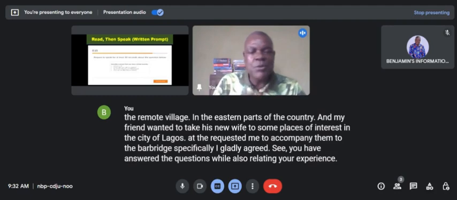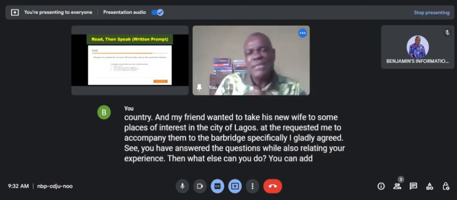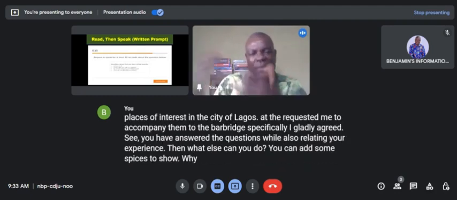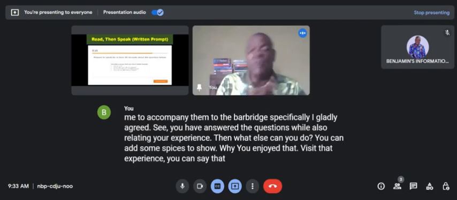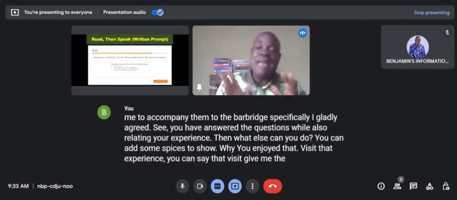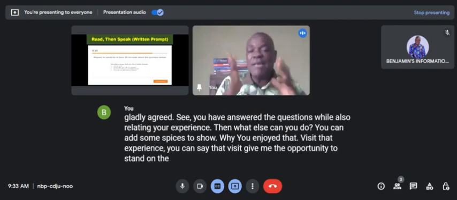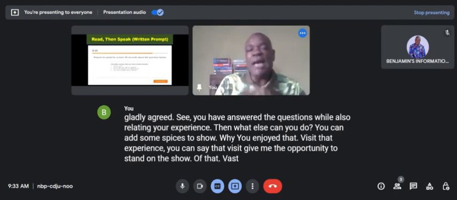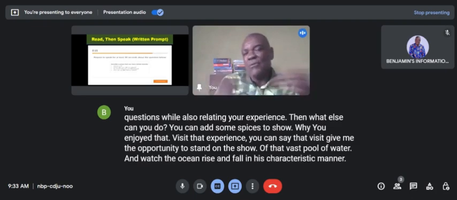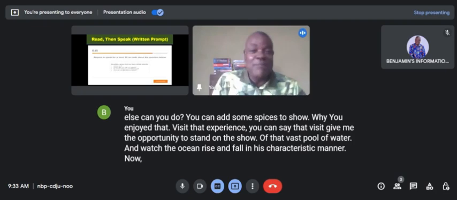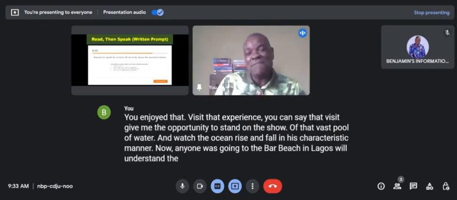Then what else can you do? You can add some spices to show why you enjoyed that visit, that experience. You can say that visit gave me the opportunity to stand on the shore of that vast pool of water and watch the ocean rise and fall in its characteristic manner. Now, anyone who has gone to the Bar Beach in Lagos will understand the experience I am relating.